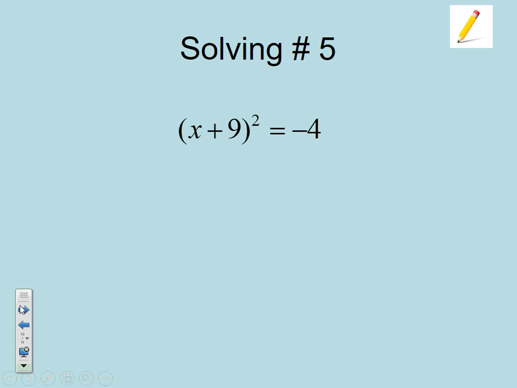I have the quantity x plus 9 squared equals negative 4. To solve this, when it's in parentheses, the first thing I have to do is take the square root of both sides. So on this side, those are going to cancel. I'm going to get x plus 9 equals plus or minus. Now I have to break down this square root.